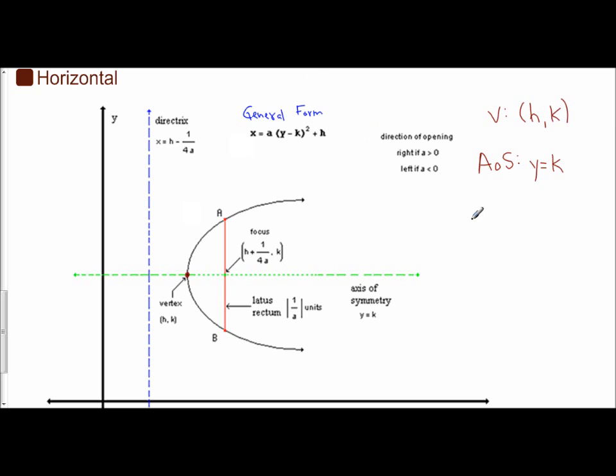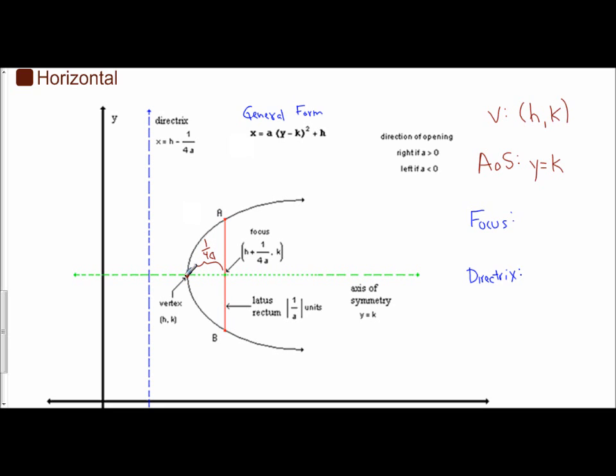Let's go to the next concept, our focus and our directrix, those two new components. When you're finding the focus, let's take in the definition we looked at before to understand this formula. We said the distance from the vertex to the focus, based off of the vertical, we found 1 over 4a.